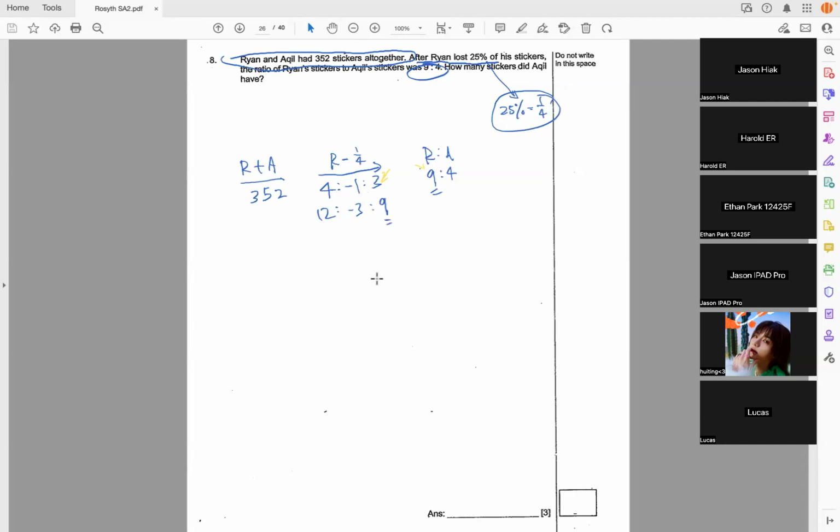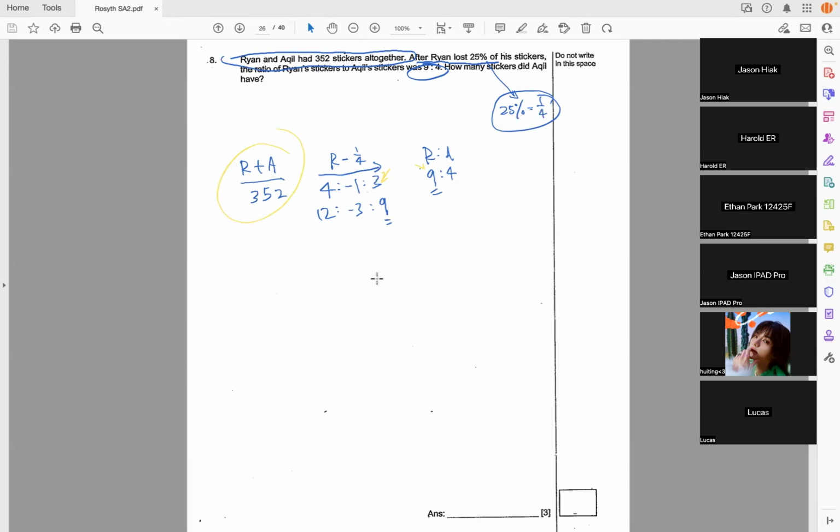Okay, then back to this question. So we record data, look for common base. Step 3, look for value in the question. The only value in the question is this 352. So 352 is Ryan and Echo at first.